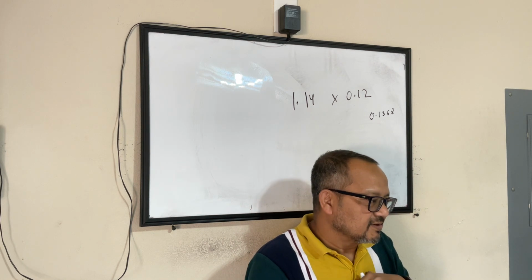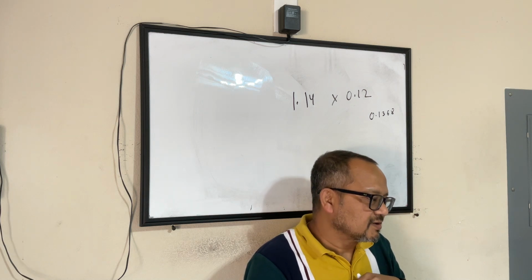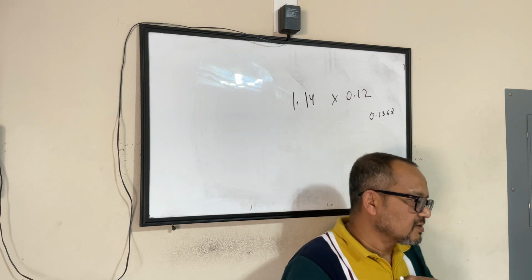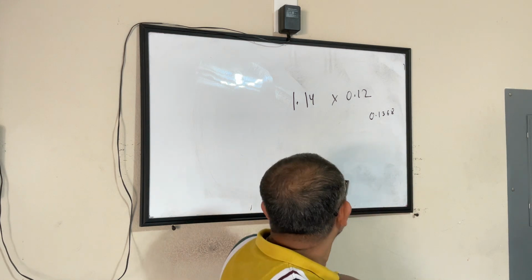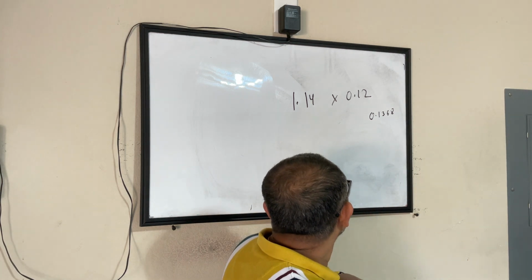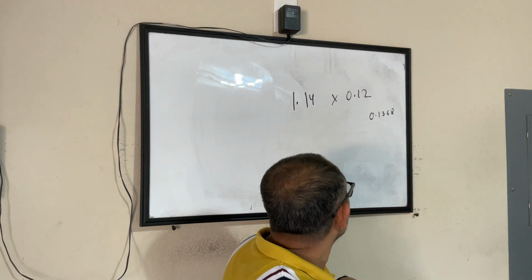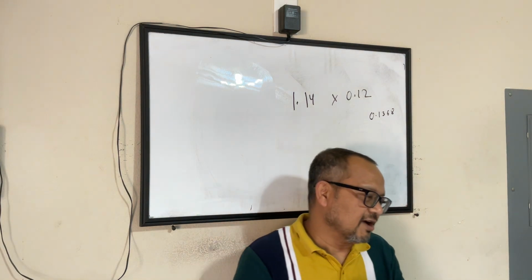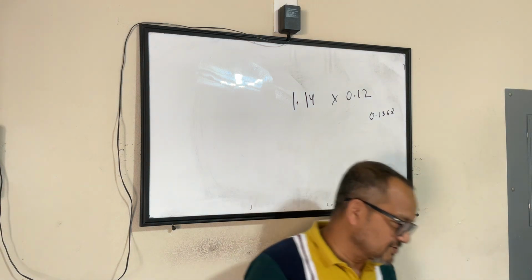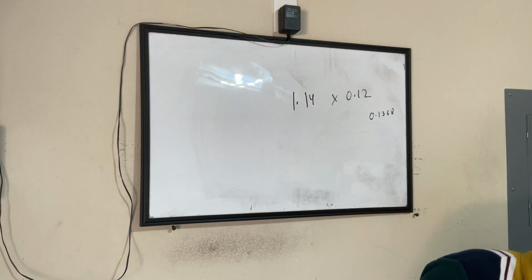What did you do? 4 times 2, that's 8. Then I multiplied 1 with 1, that's 1. And I multiplied 1 with 0, and that's 1. No. Not impressive. What did you do?